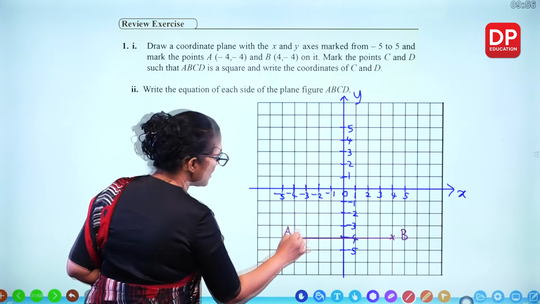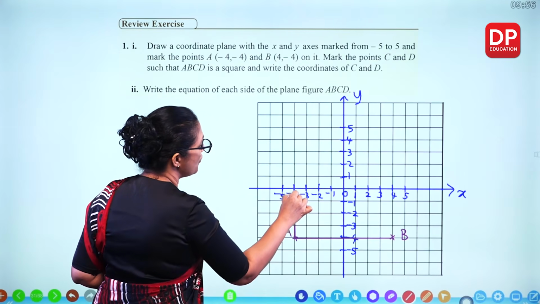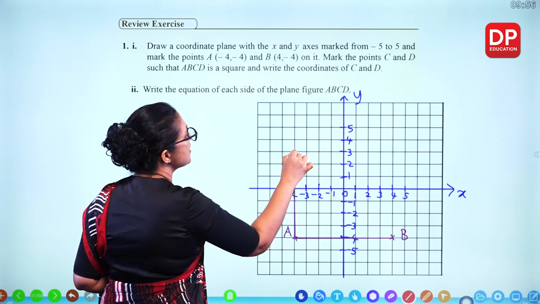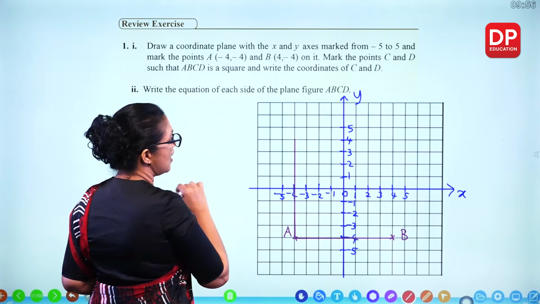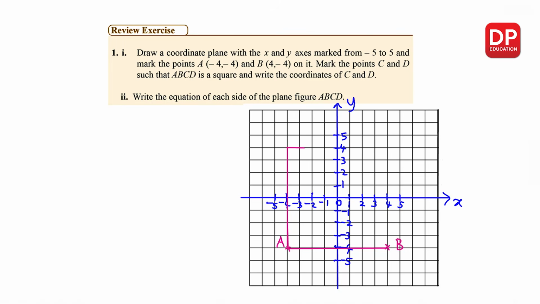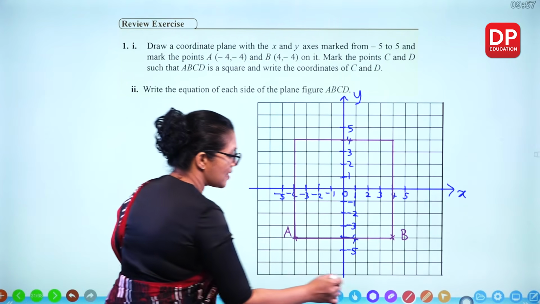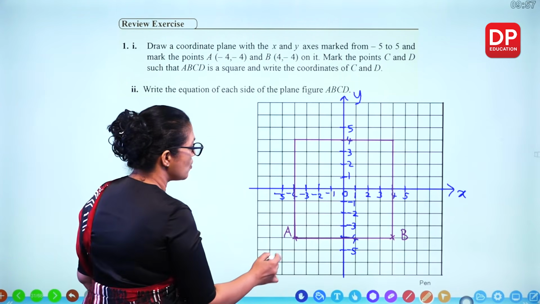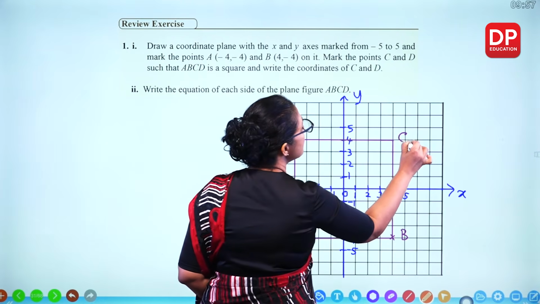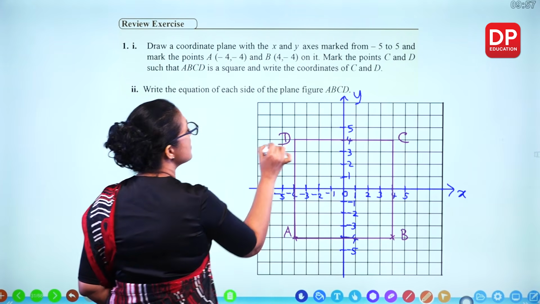So that means 8 squares up, 1, 2, 3, 4, 5, 6, 7, 8. Up to here, another 8 here and 8 down. So now this is a square with side 8. So this is A, B, then this is C, and this is D.